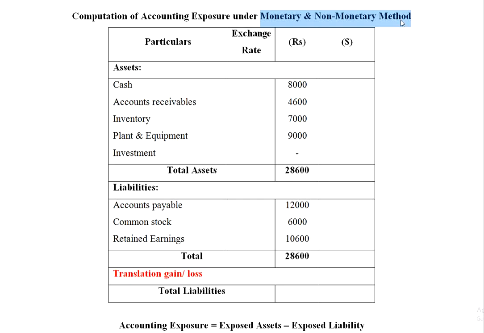This is one of the types of accounting exposure where we have to prepare, and as I told, the format is already here, because all the items mentioned in the question are written over here, the assets and the liabilities and the totals. To use this monetary and non-monetary method, please check your specimen format.